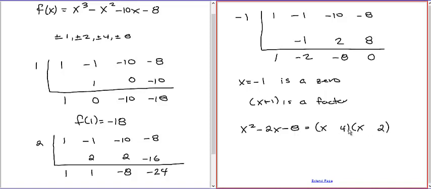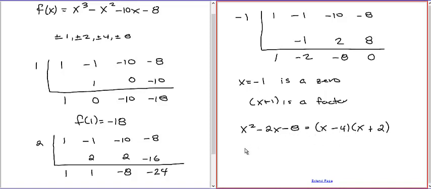One's going to be positive and one's going to be negative. We have a negative 2 in the middle, so we need to put the negative with the bigger part and the positive with the smaller part, so that the net result is a negative. And you can see we get the right answer. You get x times x is x squared. You get negative 4x plus 2x is negative 2x, and negative 4 times 2 is negative 8.